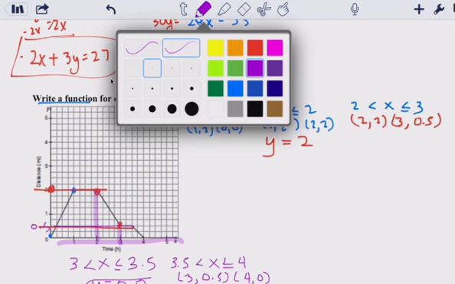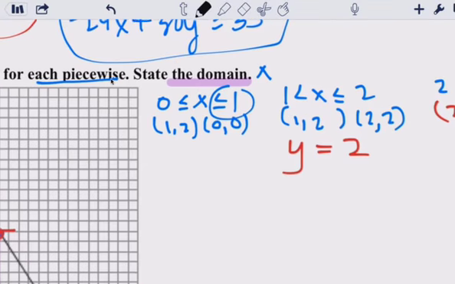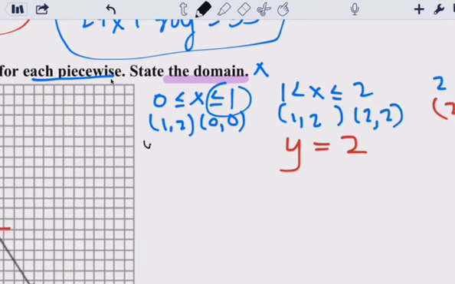Alright, let's use point slope for this first one here. Find slope first. Slope is m equals y2 minus y1 over x2 minus x1. I'm going to make this my x2, y2, x1, y1. Okay, so I would go m equals, so this will be 2 minus 0 over 1 minus 0, so my slope is 2.